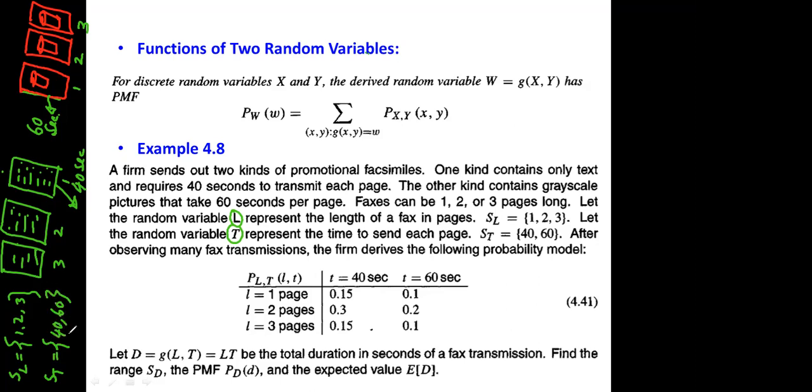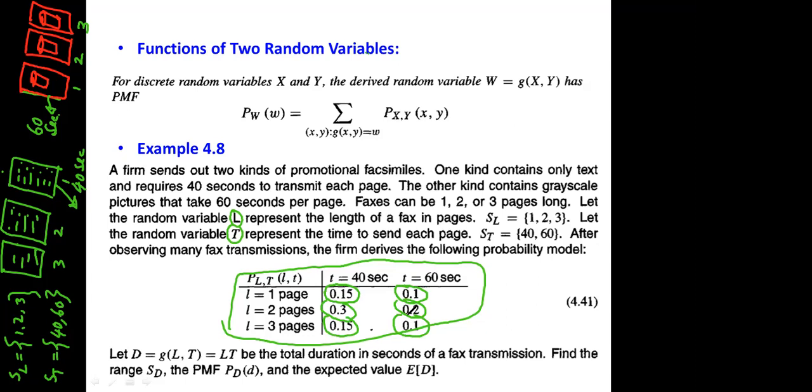Now they have seen their previous records, and they have found this is the probability for different combinations. If it is a one page text, then it is 15%. One page of image is up to 10%. So it tells what the distribution of these different kinds is.